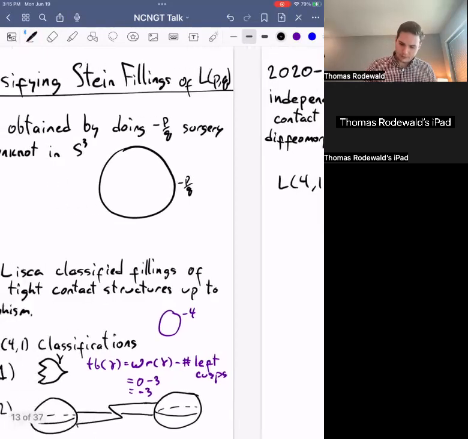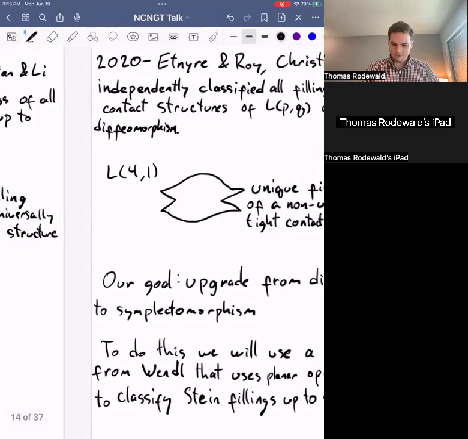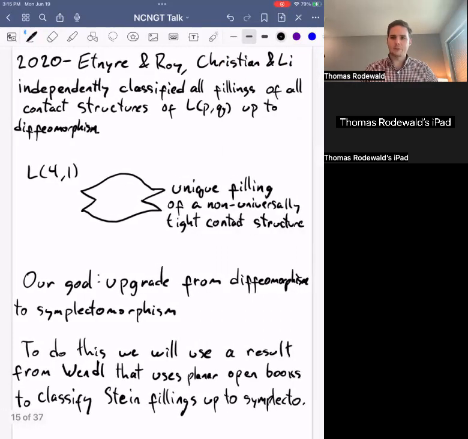And then next in 2020, Etnyre and Roy, and then independently Christian and Li, classified all fillings of contact structures of L(p,q) up to diffeomorphism. So here's one non-universally tight contact structure on L(4,1). And then our goal, well, naturally, we also want to think about the symplectic structure of these fillings.